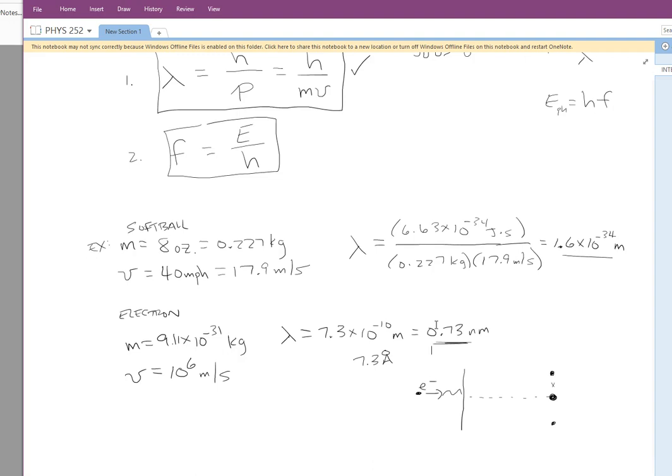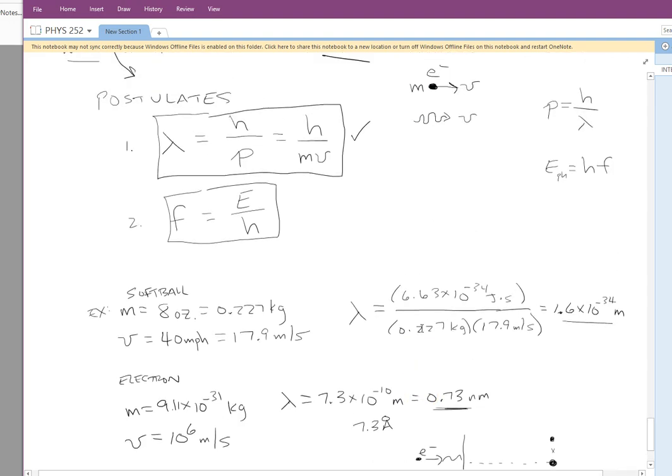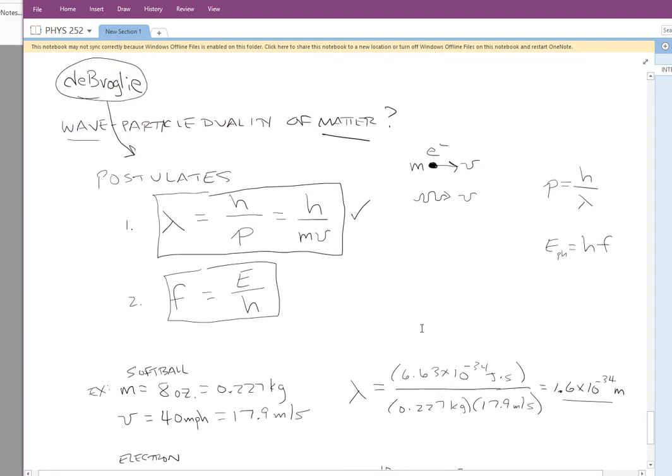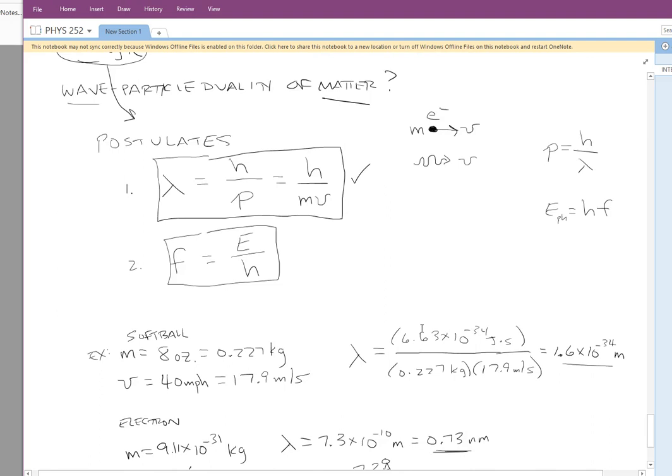Okay, so the idea that deBroglie postulated, that there's this wave-particle duality of matter, it is true. We see experimental evidence of it, and this really opened up everybody's eyes to this whole subatomic world, where things, meaning particles, sometimes have to be treated as waves.